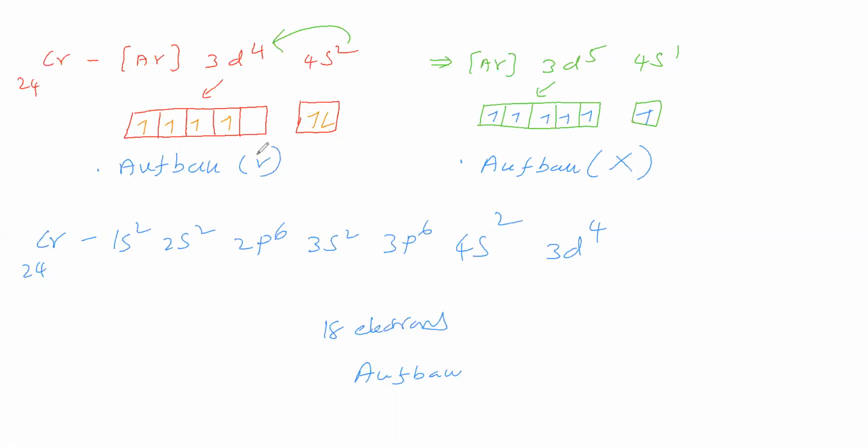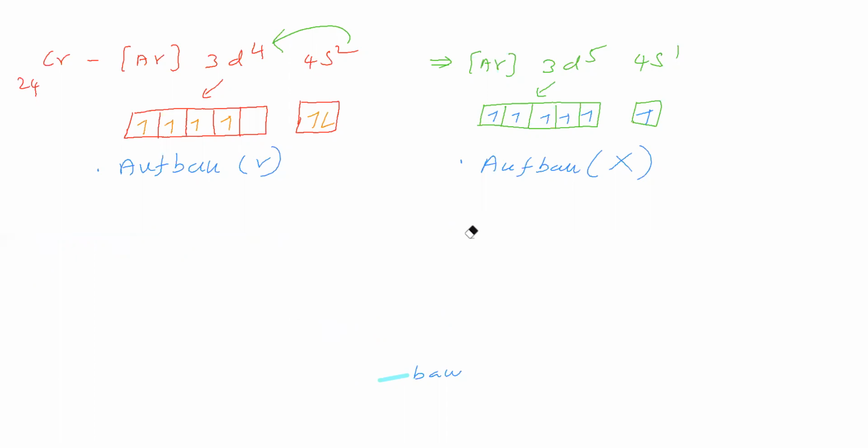In the other electronic configuration, the Aufbau principle is followed. Sir, so we have written which one violates the Aufbau principle and which does not. What about the experimental result? What about spectroscopic studies?